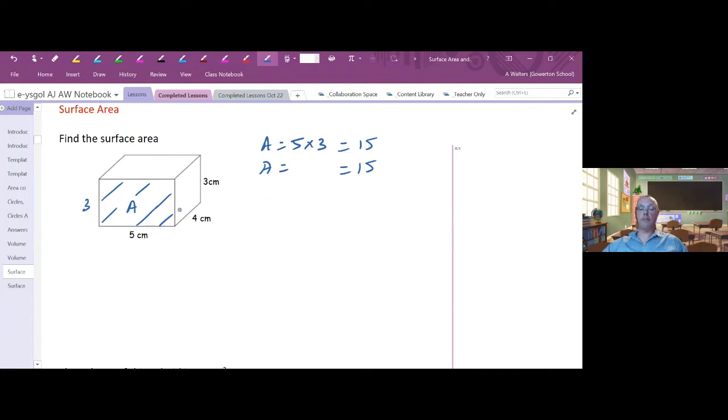Then I'm going to call this side B. That's on the right. So B is 4 that way and 3 tall. So it's 4 times 3, which is 12. And there's a B on the left-hand side over there. Okay, so B is also 12 on the left-hand side. Then we've got the top, which I'll call C.